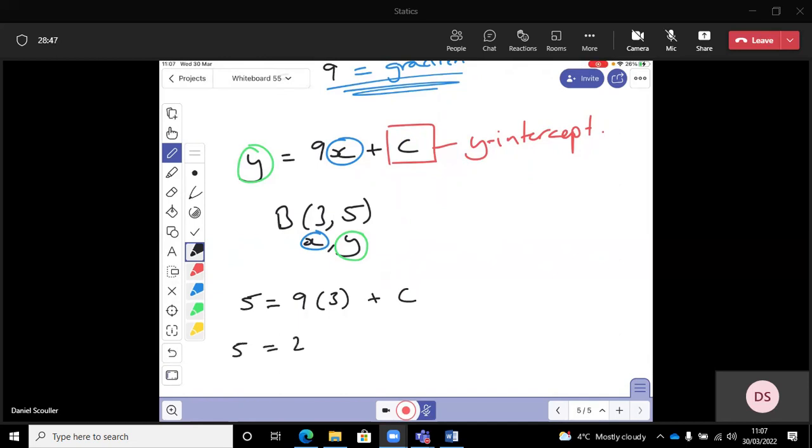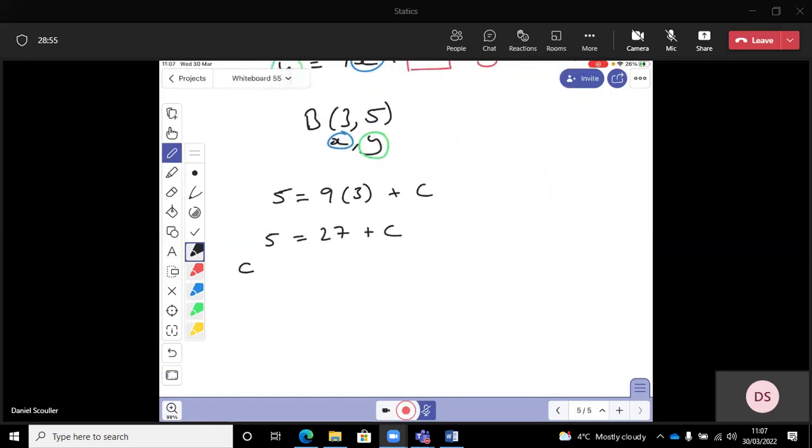9 times 3 is 27 plus c. I'm going to flip this around, so it's c plus 27 equals 5. I have not changed anything. That line and that line is exactly the same.